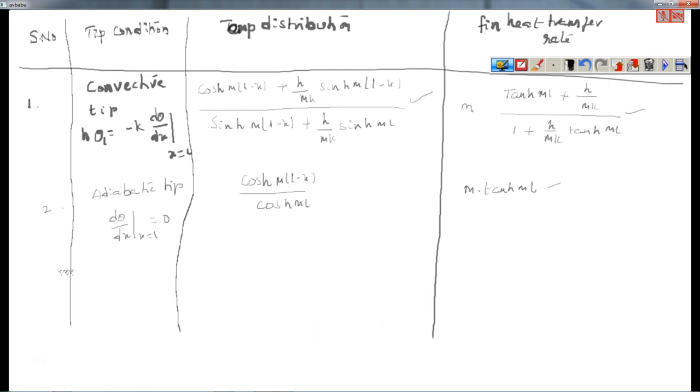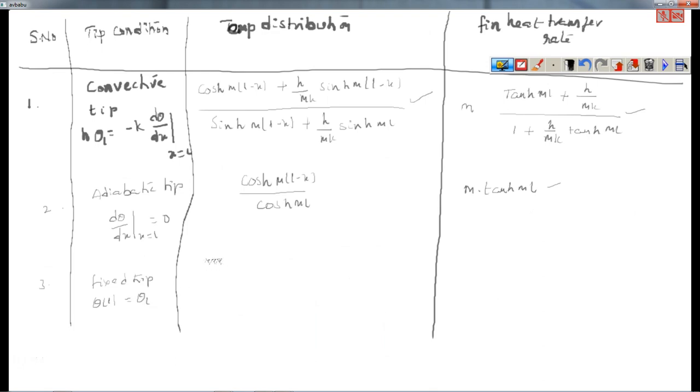Now similarly the third case, which we defined today, fixed tip. Fixed tip means some temperature is given at the tip, that is T is equal to TL is given at the fin tip, that is theta L is given.